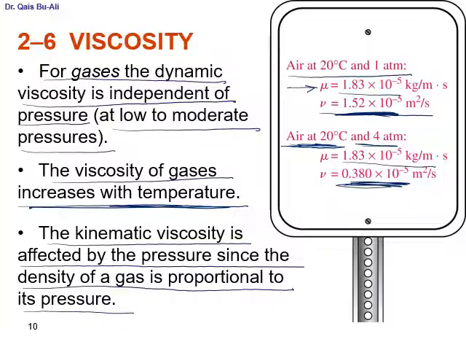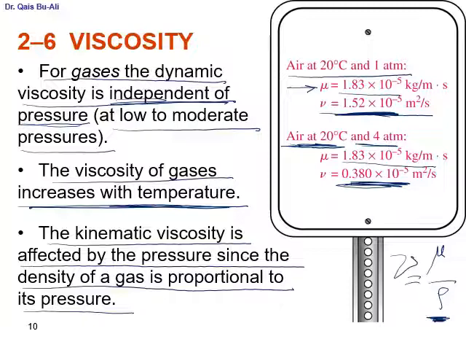Okay? How to analyze this? Again, you can just go and look at the equation of kinematic viscosity. Nu is equal to mu over rho. And then look at what's happening to the density. You can analyze this yourself. So again, for the gases, the dynamic viscosity is independent of the pressure.